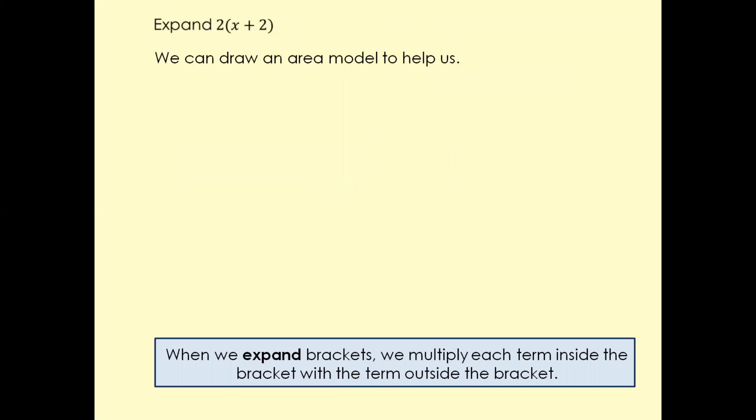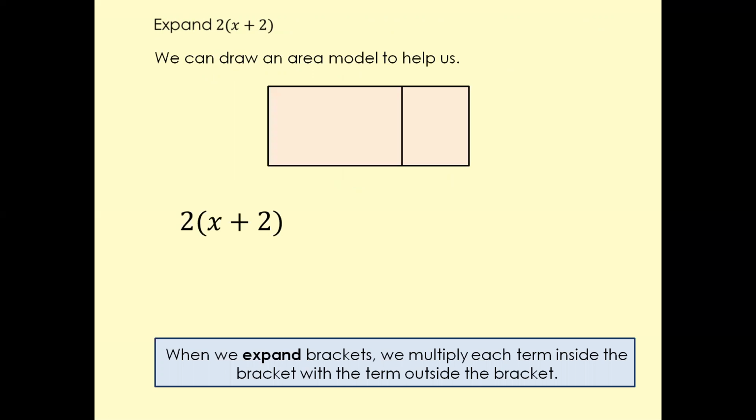That's one way. And the second way, which some of us might prefer. So now, what we normally do, if you look at this statement here, when we expand brackets, we multiply each term inside the bracket with the term outside the bracket.